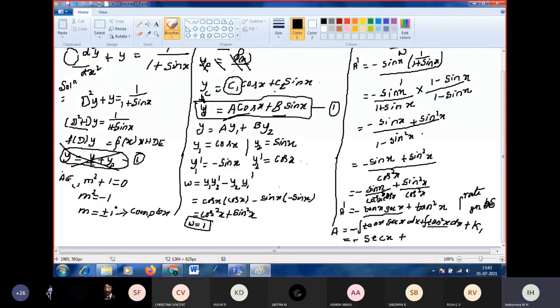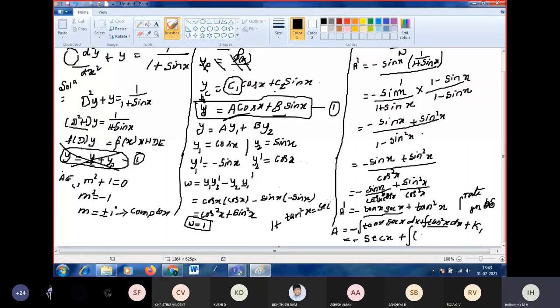We should reduce it to secant square x minus 1 first. We don't have a standard integral for tan square x, right? So for that we use the identity that 1 plus tan square x is equal to secant square x.